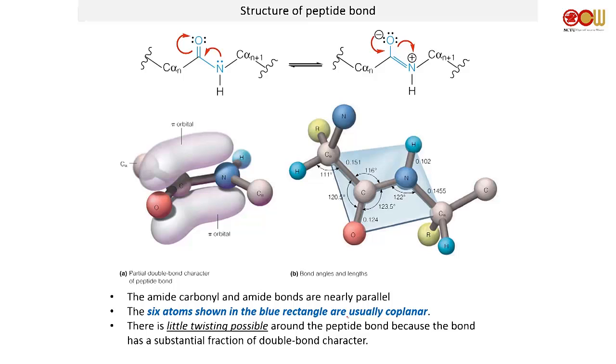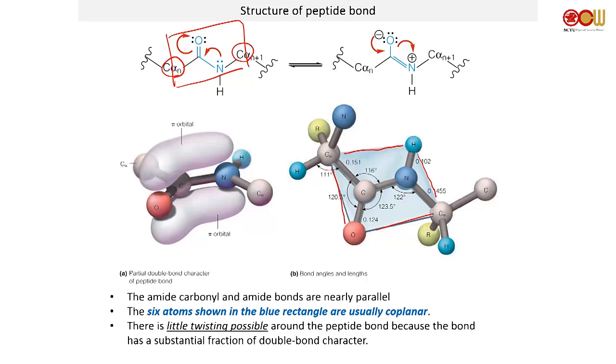Now, coming back to the structure of a peptide bond. A while ago, I think 2 or 3 lectures ago, I mentioned that in polypeptides, the C alpha and C alpha form a plane, just like what you see here.